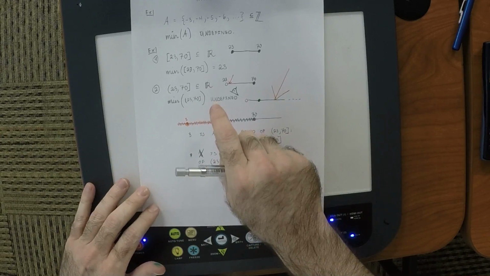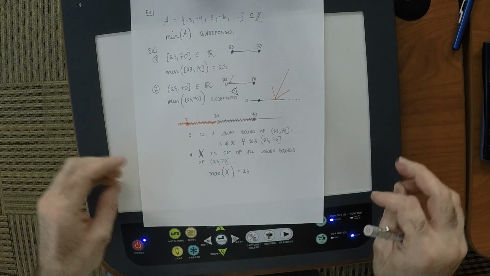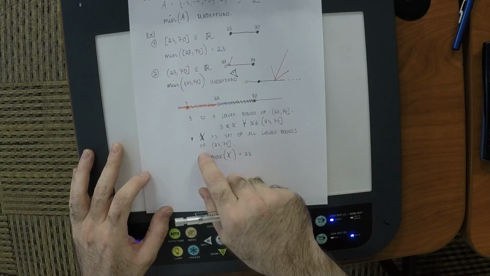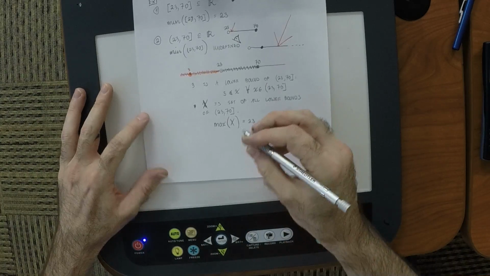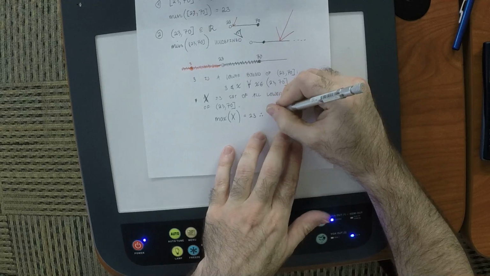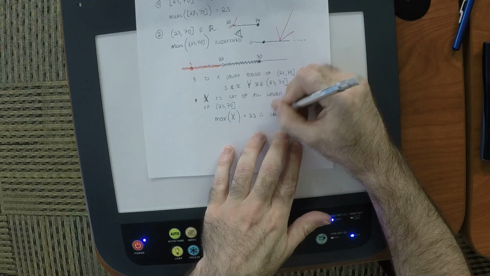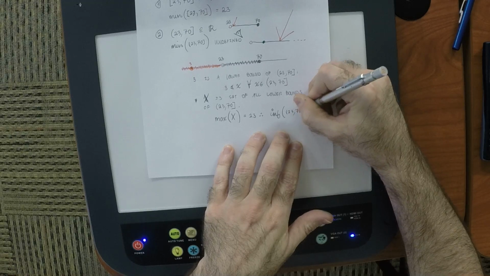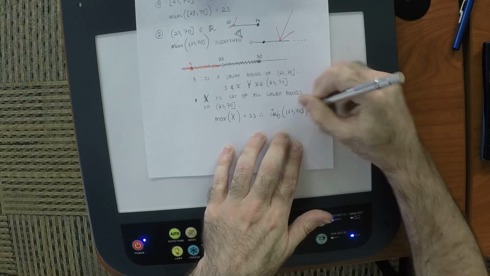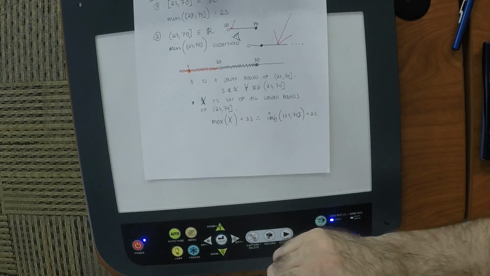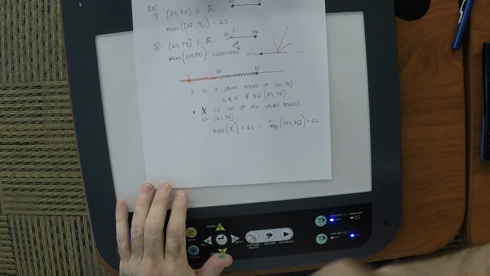Okay, so that's an analogous property that the reals have, called completeness. The way that you would write it is like this: infimum of (23, 70) is 23. So even though that set doesn't have a minimum, it has an infimum. Okay, good.